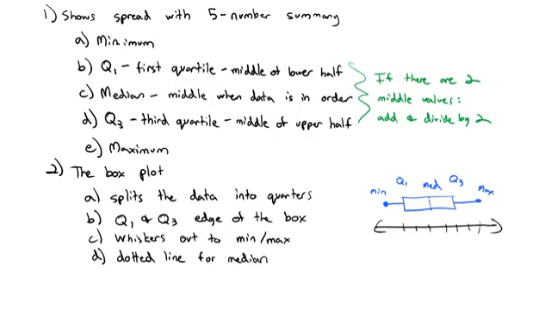And each part of the box represents a quarter, or 25% of the data values. The box then is the middle 50%, the whiskers are the outside 50%, and we can make some visual conclusions about how our data is spread out.